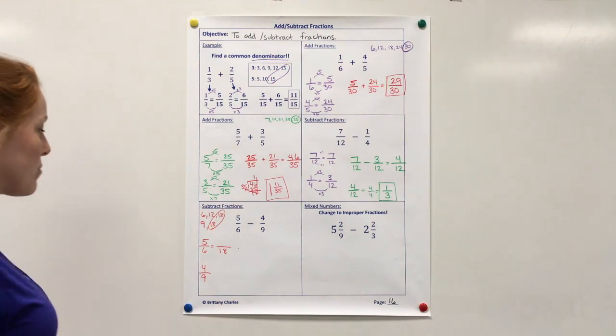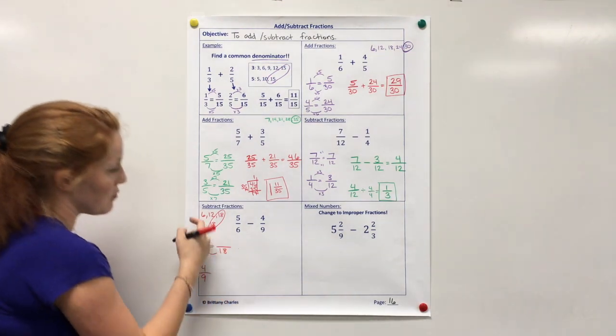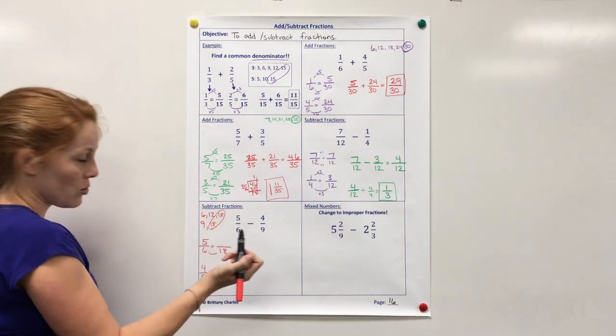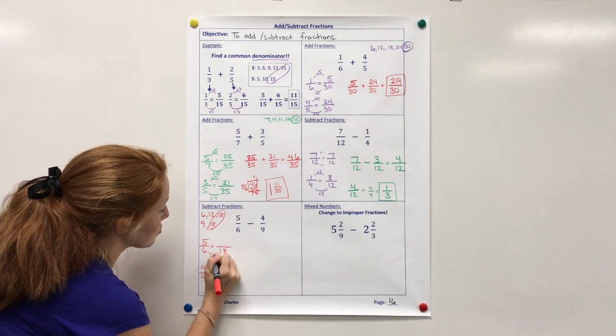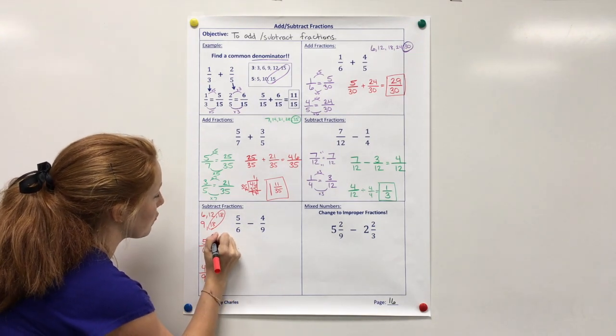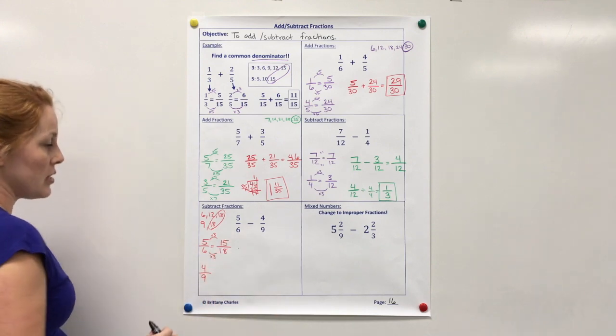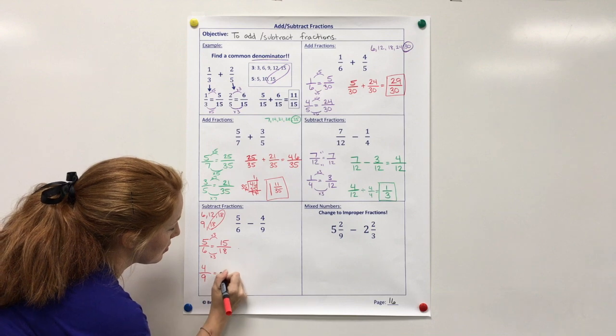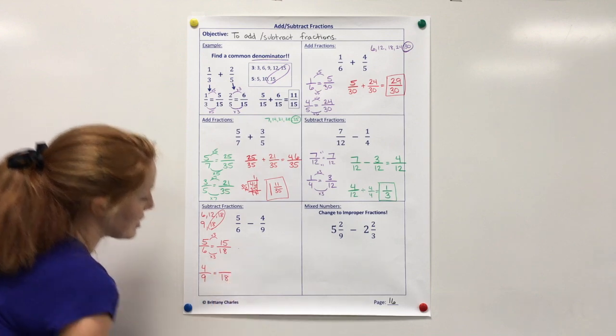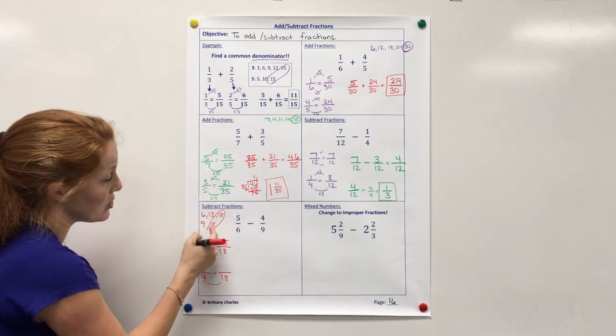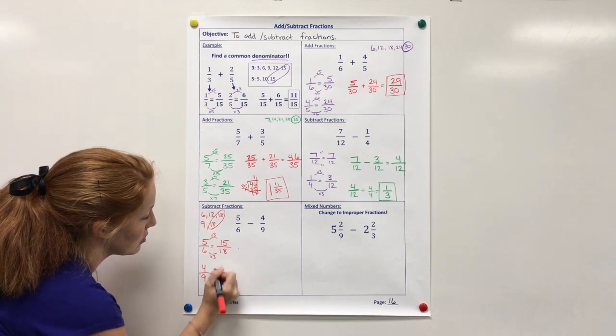So how do I get from 6 to 18? Again, if you list out multiples, you can just count, or know that 6 times 3 is 18. So 5 times 3 is 15. And then do the same thing. New denominator is 18. How did I get there? 2 times 2.